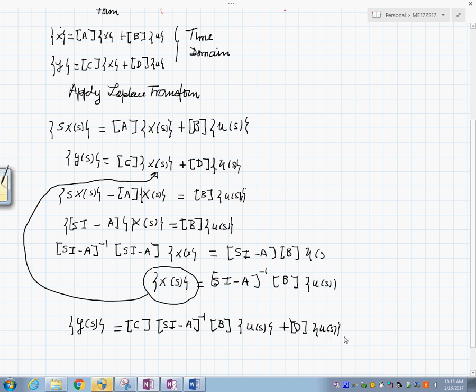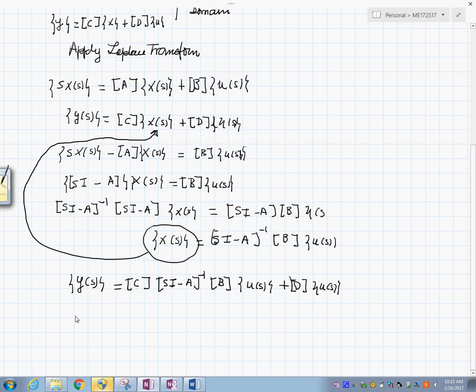Okay, very good. So if this is true, you can write down that y of s is equal to C times (sI minus A) inverse times B plus D, this whole thing multiplied by U of s.